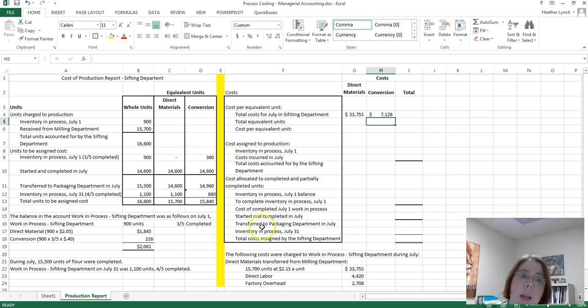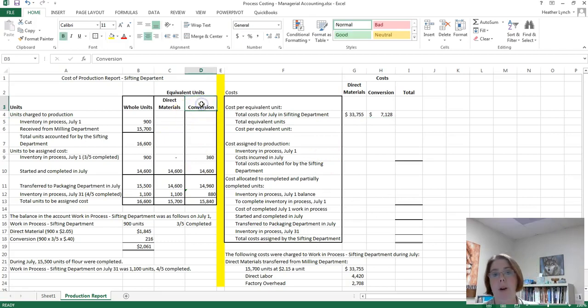And in this textbook and the other ones, they put direct labor and factory overhead together. Don't be surprised if some companies actually separate conversion into direct labor and factory overhead. So we actually would have had 3 costs to account for versus just the direct material and conversion. Okay, so it does happen.